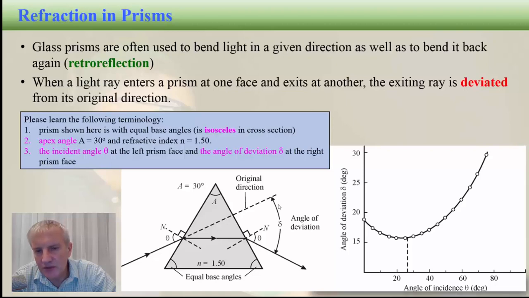Once more, I'm going to repeat: as you are changing the direction from which you are pointing the laser beam onto the prism, you can find a specific direction at which this angle delta, this angle of deviation, is going to be the smallest possible. That's the so-called minimum angle of deviation.